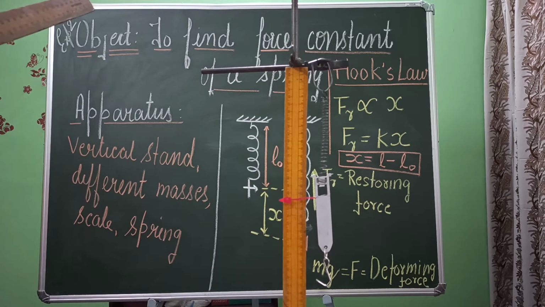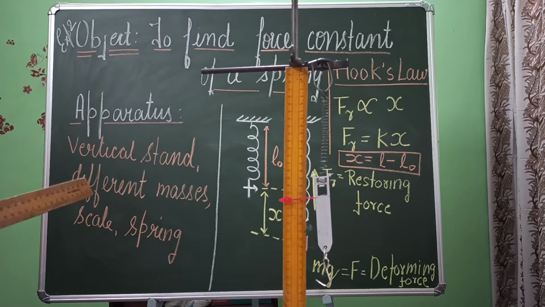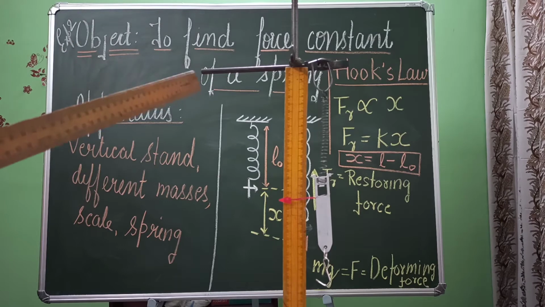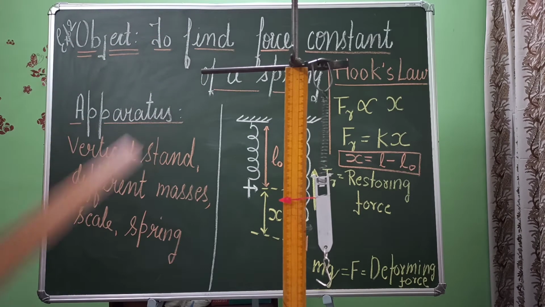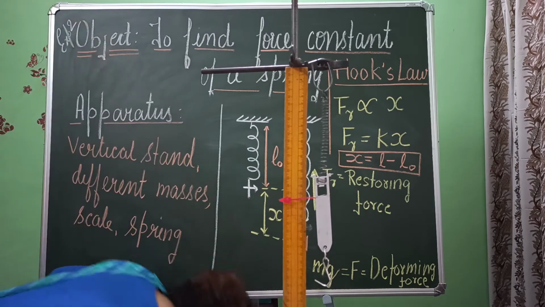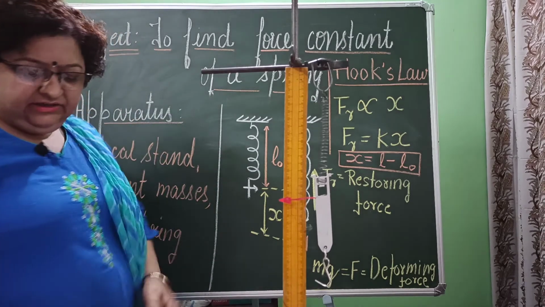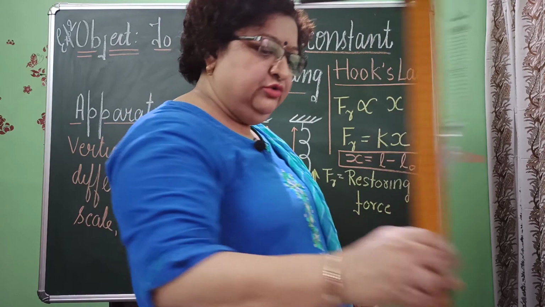After writing this object and apparatus, let us understand first the principle behind this experiment. So, let me keep this apparatus aside so that I can show you the board.